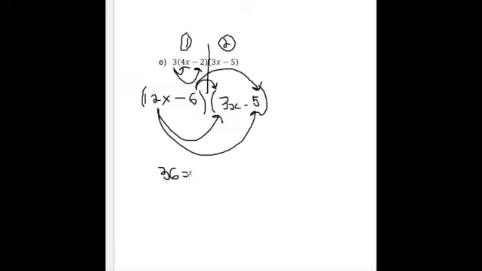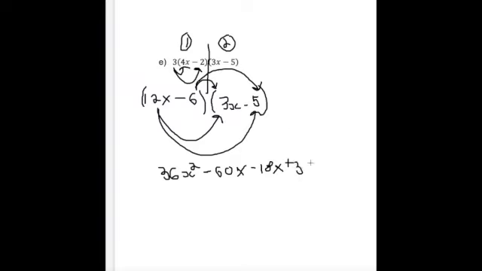12x times 3x is 36x squared. 12x times minus 5, put that into my calculator, is minus 60x. Minus 18x, because you've got minus 6 times 3x.